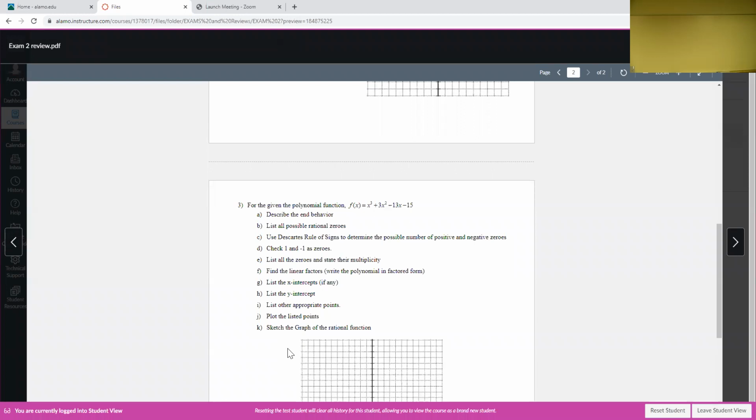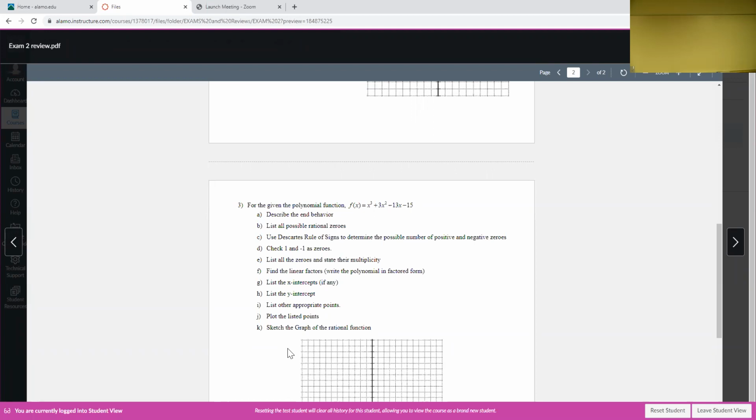Okay. List all the possible rational zeros. So there's work involved in finding the possible rational zeros. Using Descartes' rule of signs, there's a little bit of work involved with that as well. Checking for 1 and -1 is 0. There's some work involved with that. Show me all that work that you do.